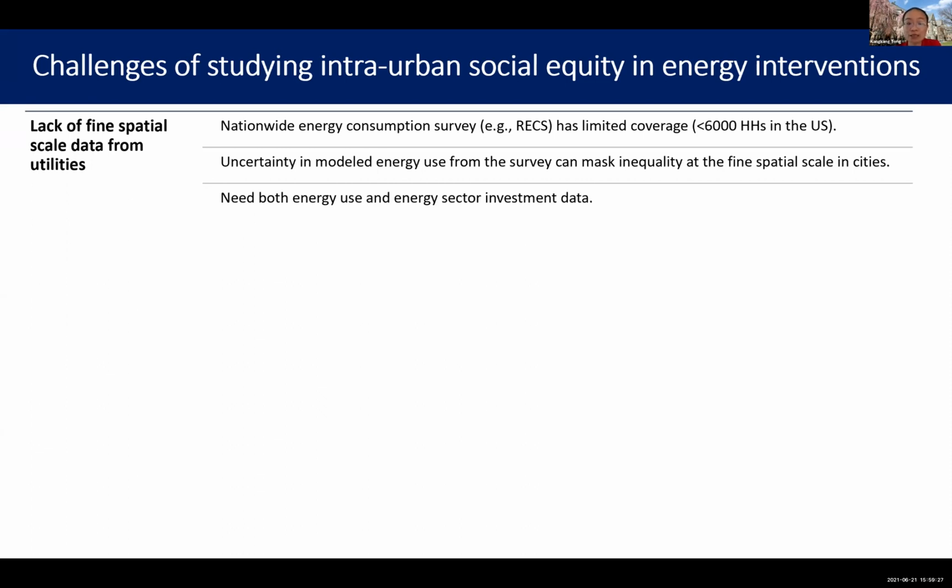So you can imagine that if you're using this data to model street block level energy use, there will be high uncertainty. And in addition to the energy use data, we also need energy sector investment data, because that lets you know how the resources, like investment, are allocated. And this is about the data challenge.